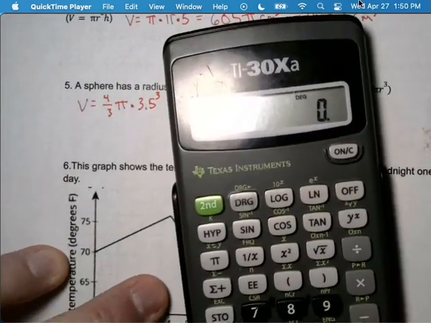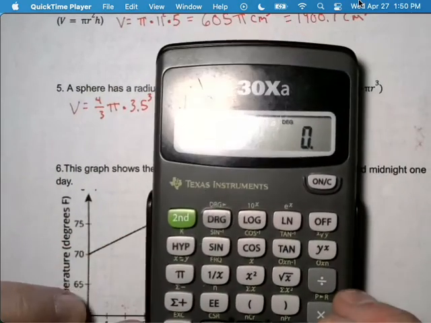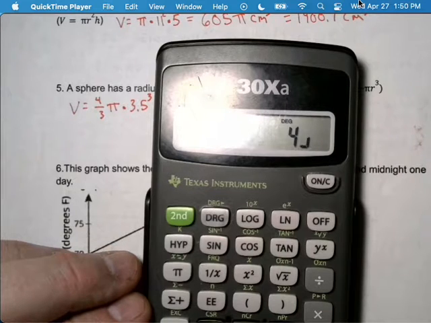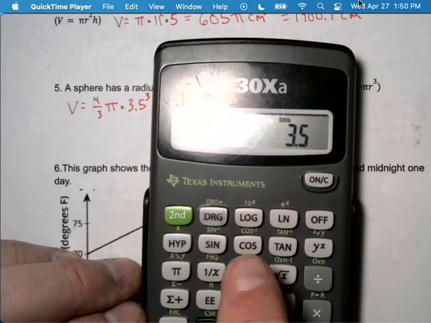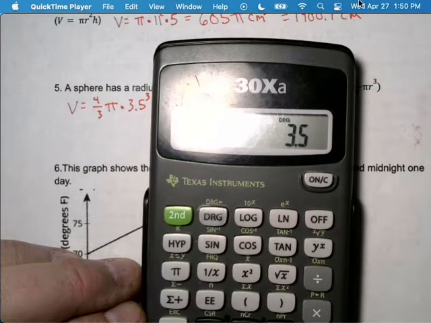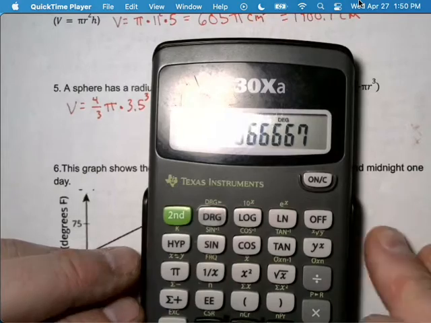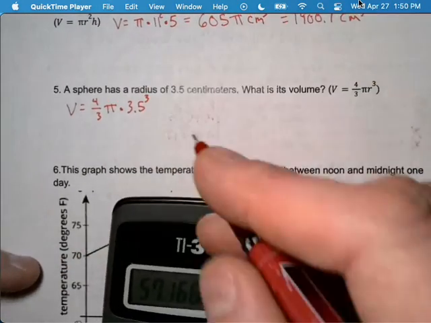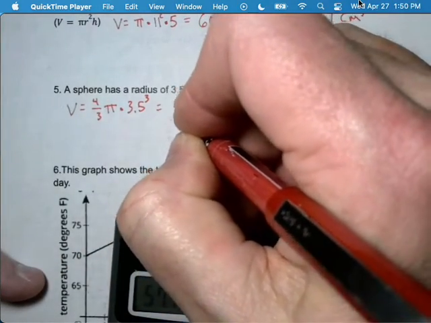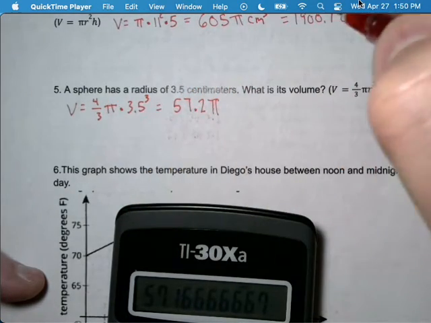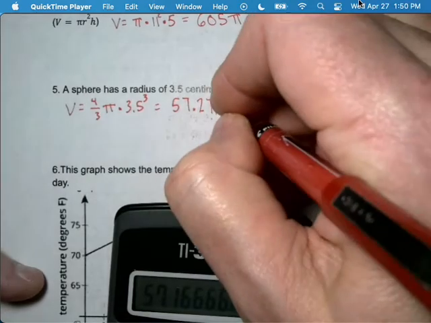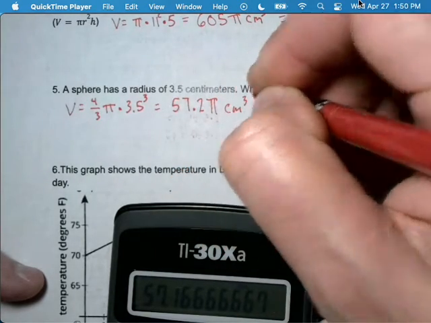All right, so with your calculators, 4 divided by 3 times 3.5 y to the x 3 equals 57.2 pi centimeters cubed.